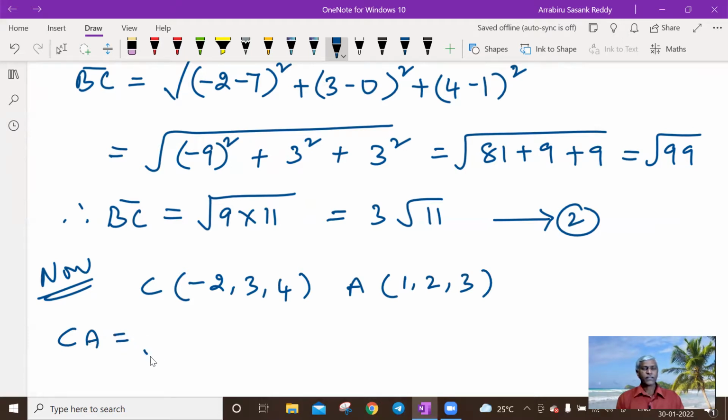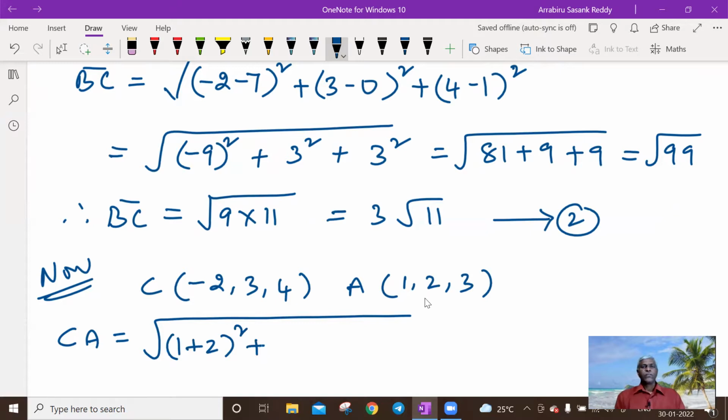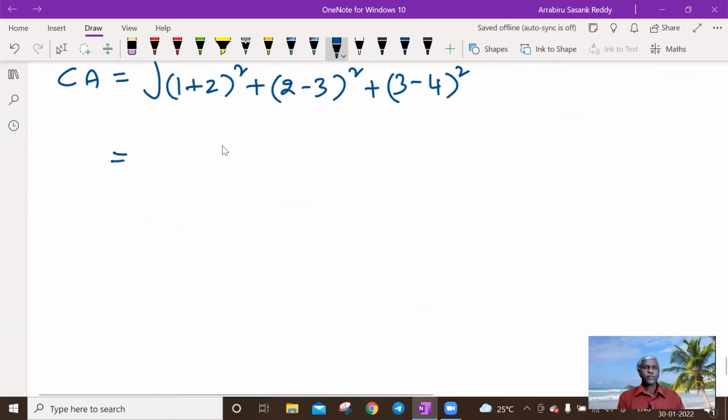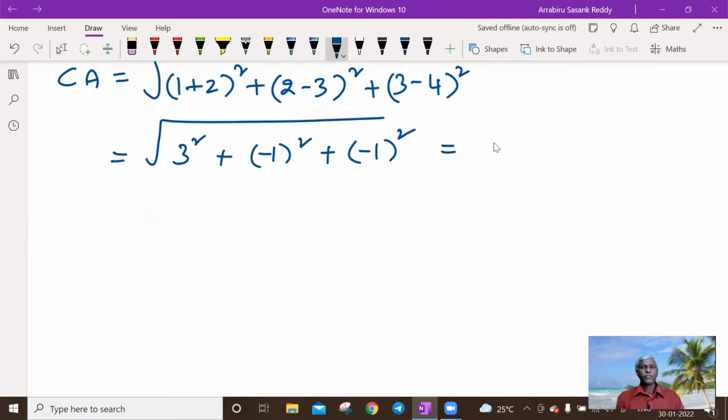CA is under root (x2 minus x1) that is 1 minus minus 2, 1 plus 2, (y2 minus y1) that is 2 minus 3 whole square, (z2 minus z1) that is 3 minus 4 whole square. 1 plus 2 is 3 square, 2 minus 3 is minus 1 square, 3 minus 4 is minus 1 square. 3 square is 9, 1 square is 1.